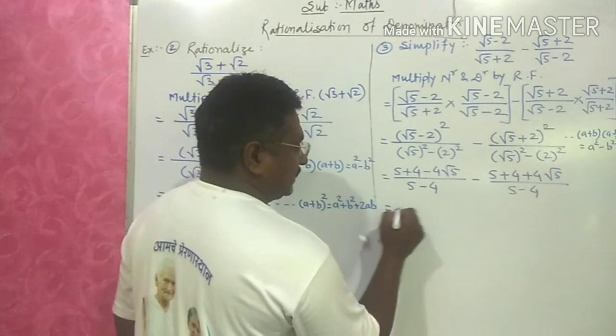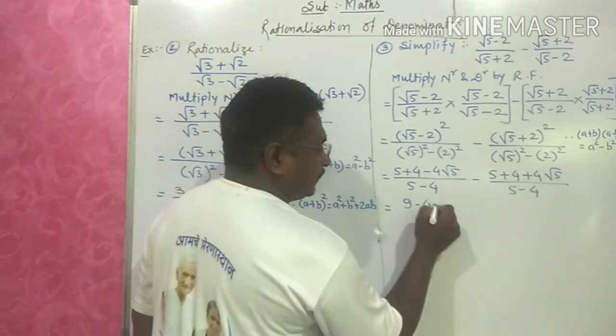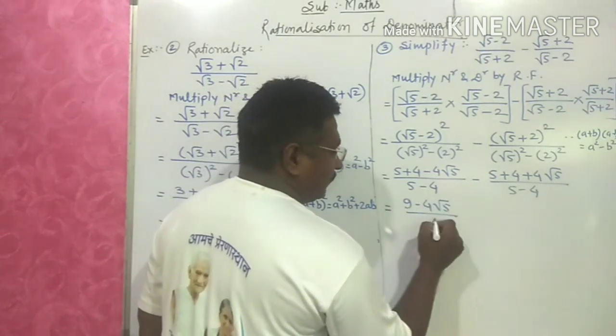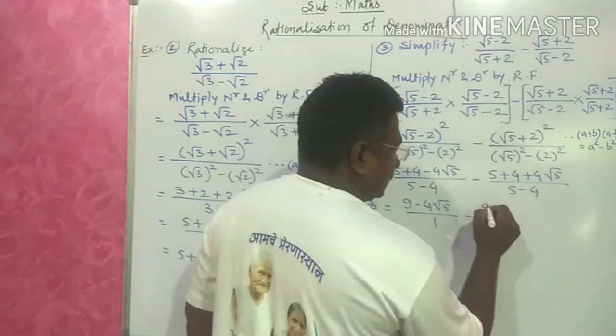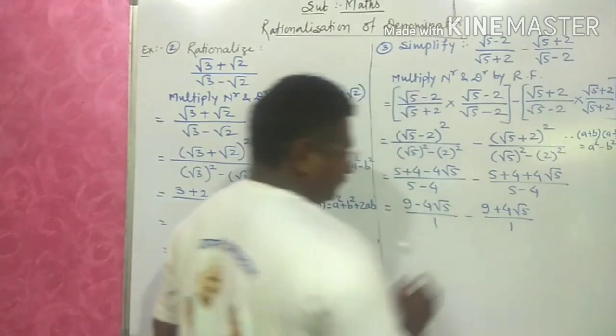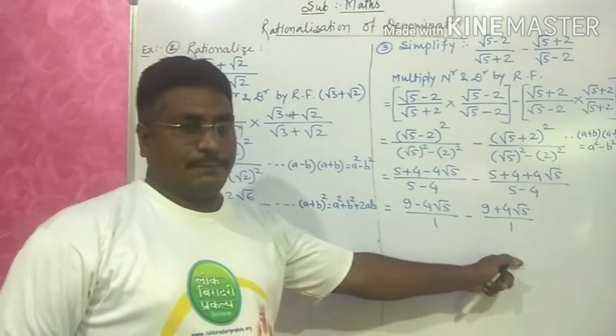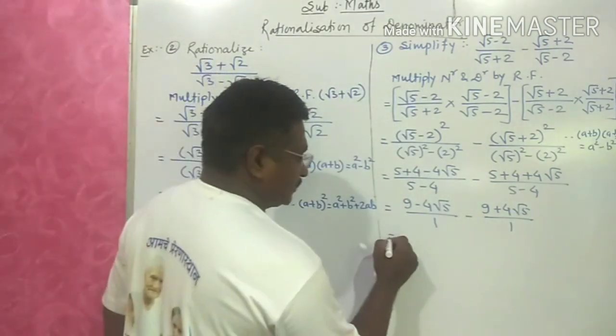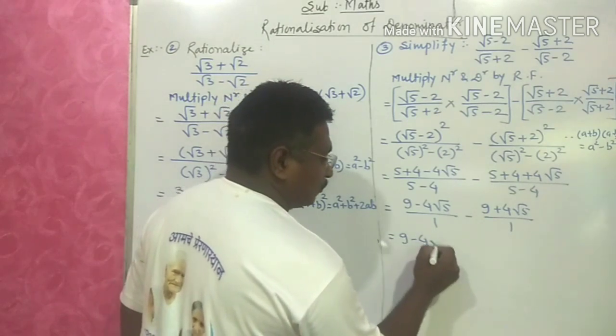So now what will we get? (9 − 4√5)/1 minus (9 + 4√5)/1. Now the denominator is the same, so what has to be done? 9 minus 4√5.